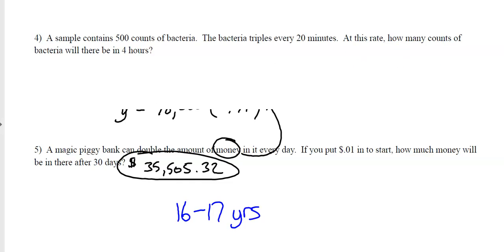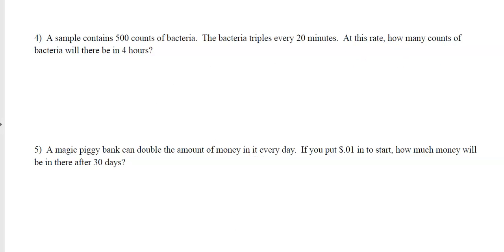Bacteria. On this one, it says a sample contains 500 counts of bacteria. It's our start. We triple every 20 minutes. Now be careful. Don't just jam the 20 in right here, because you have a couple of different things to consider. Every 20 minutes, but for 4 hours.